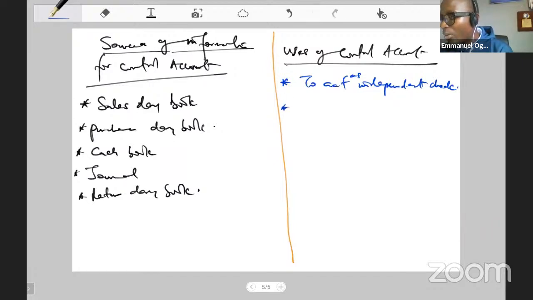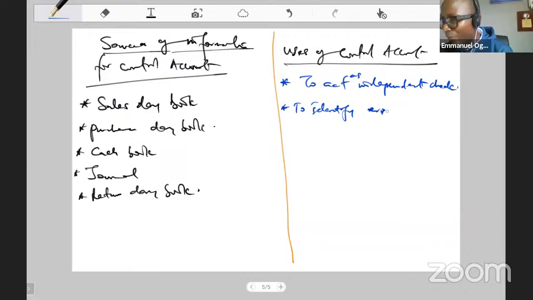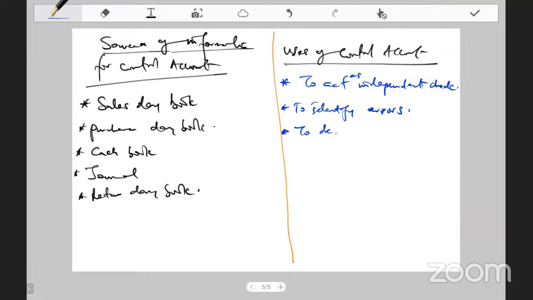Number two, to identify errors. Please don't be carried away. We don't use control account to correct errors. We use it to identify errors, or to detect errors.